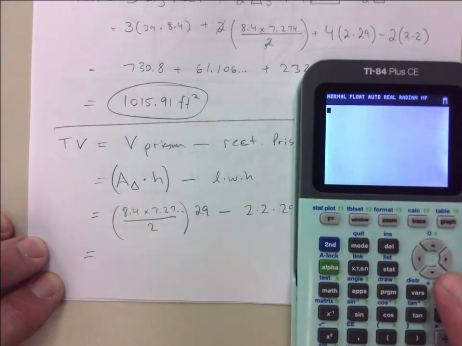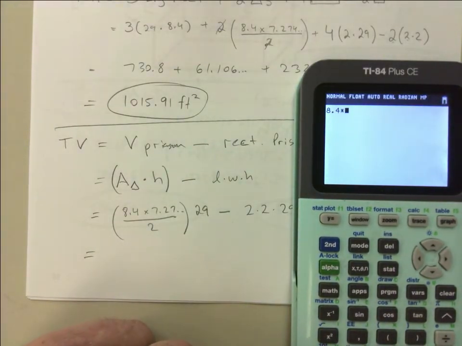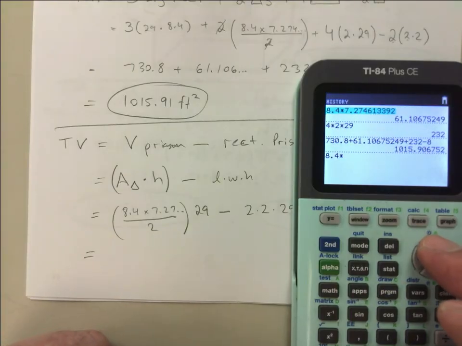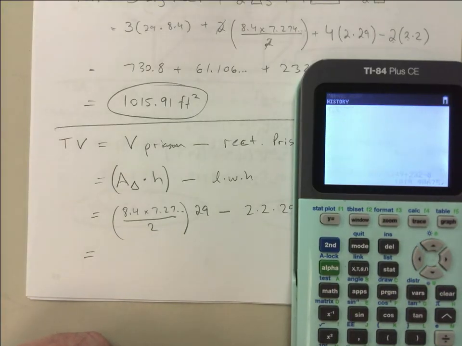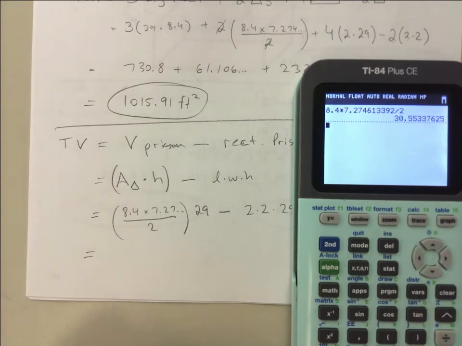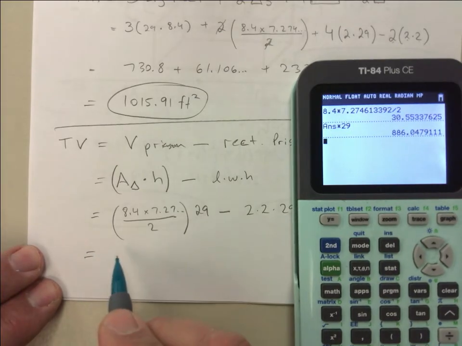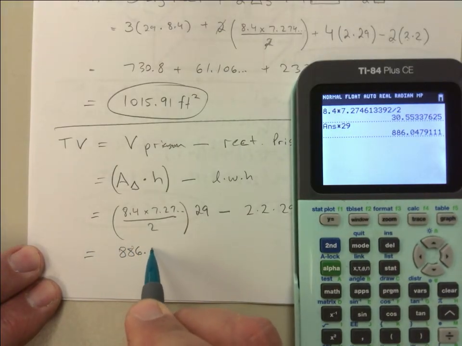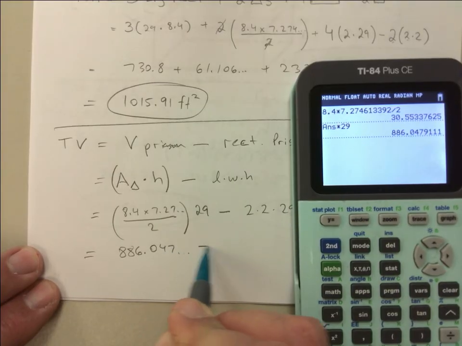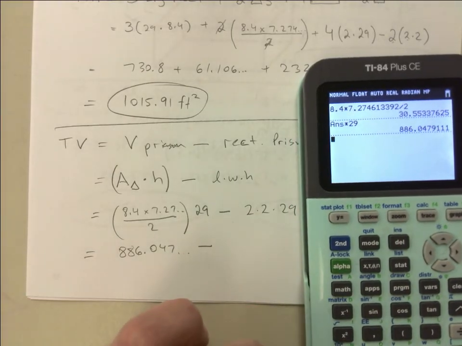So here we go. 8.4 times. Please tell me the height is somewhere available. There it is. Divided by 2. All of that times 29. That's 886.047 something minus 2 times 2 times 29.